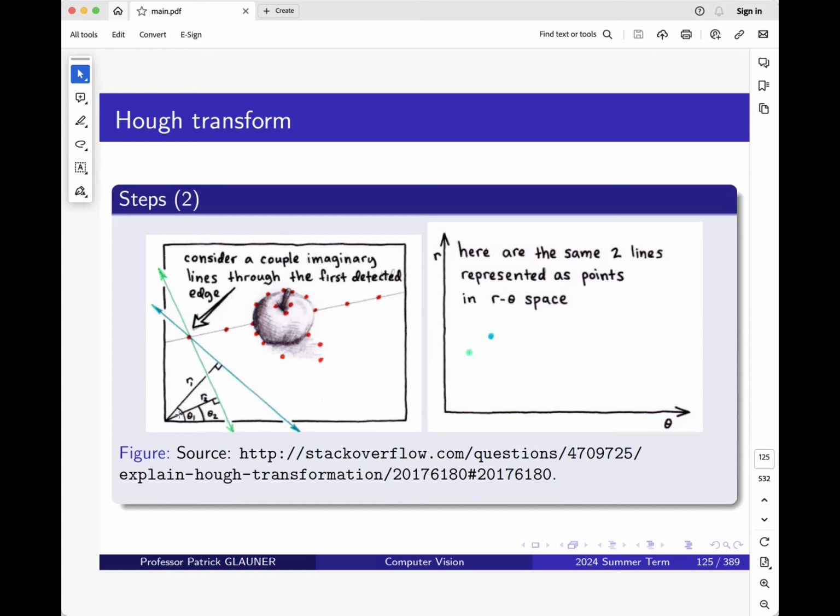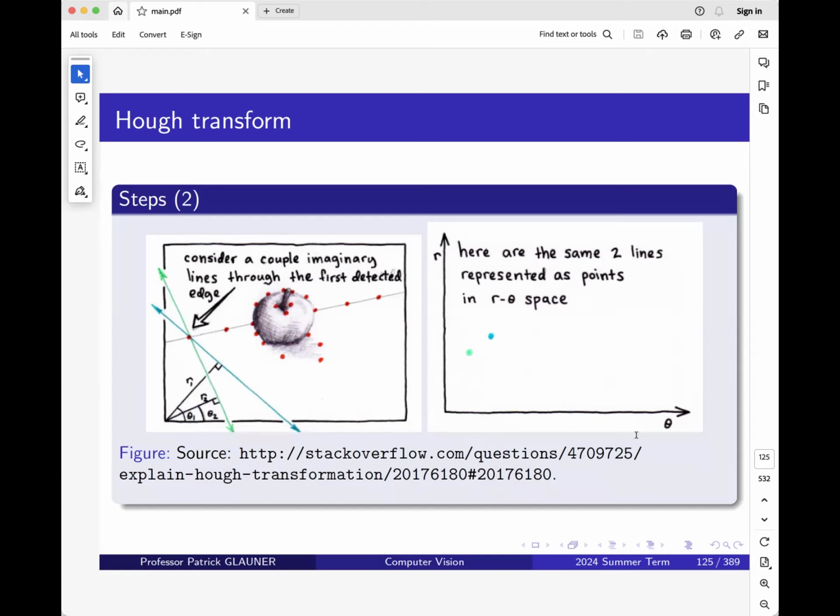I also do this for the blue line. And for the blue line, I have a distance that I call R1, and I have an angle that is theta 1. Now I can try to plot these R theta elements in a new plot.